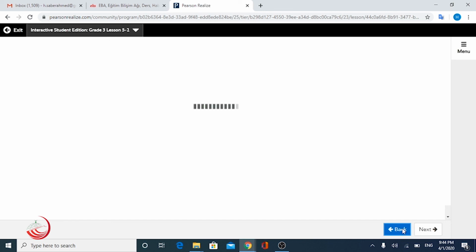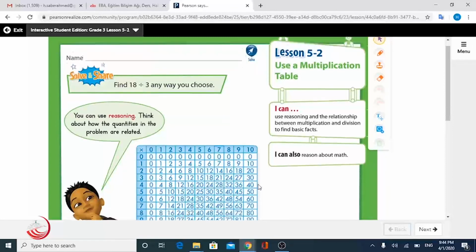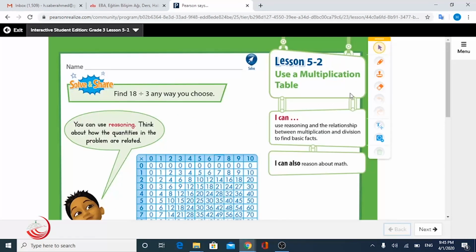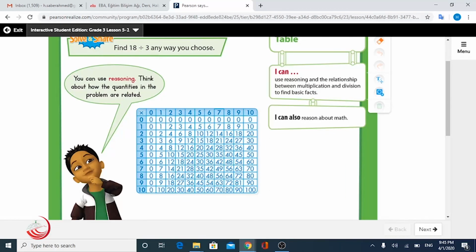Quickly, I'll be faster than Ibtisam. Come on. The first factor is 5. Excellent.